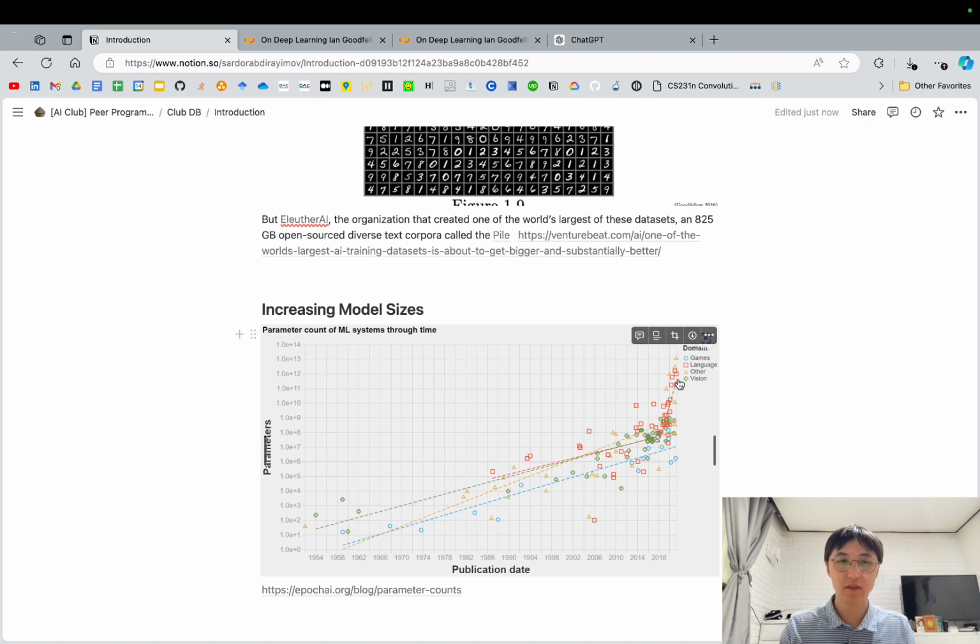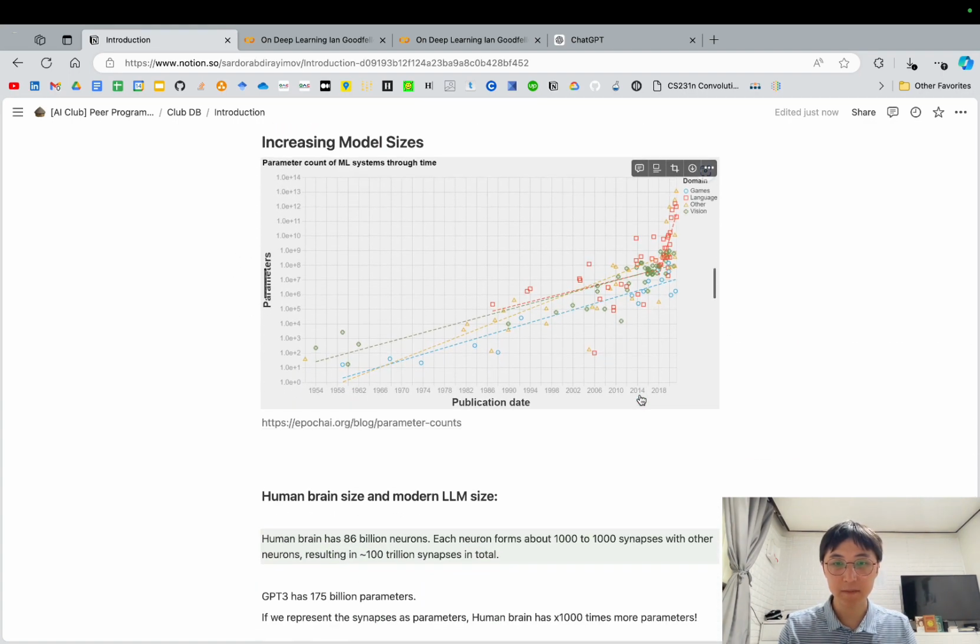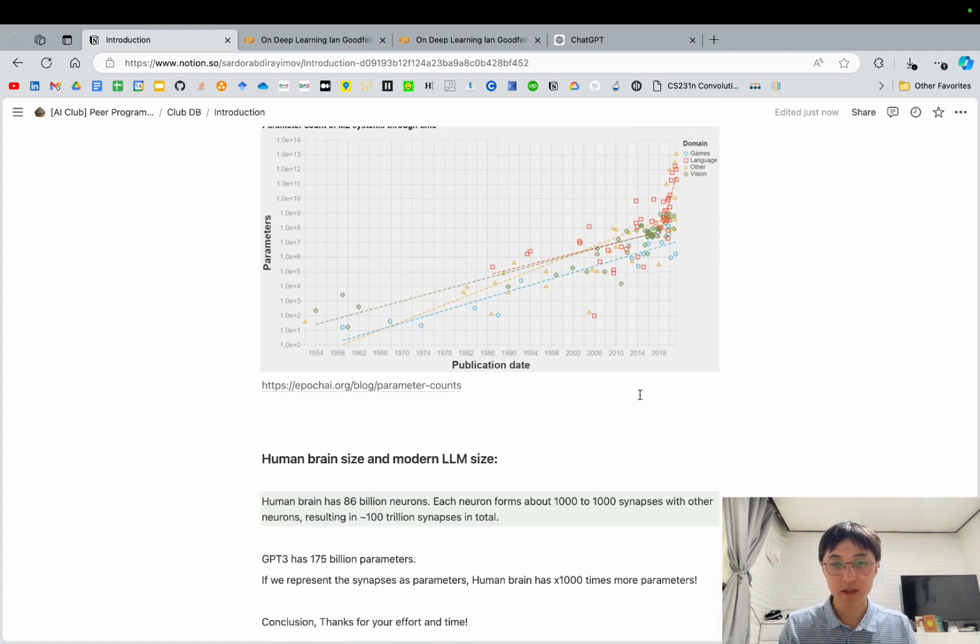For example, GPT-3 has 175 billion parameters. And Llama 3 has 3-4 models, with 7 billion, 13 billion, and 70 billion parameters. If we compare to the human brain, the human brain has 86 billion neurons.